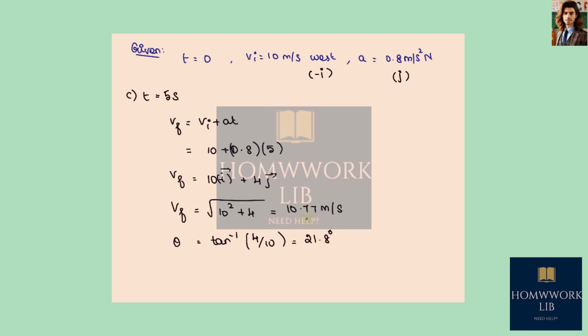So therefore the velocity at time t equal to 5 seconds is 10.77 meter per second at an angle of 21.8 degree north of west. Similarly, if we find displacement, we get the magnitude of displacement as 254.95 meter.